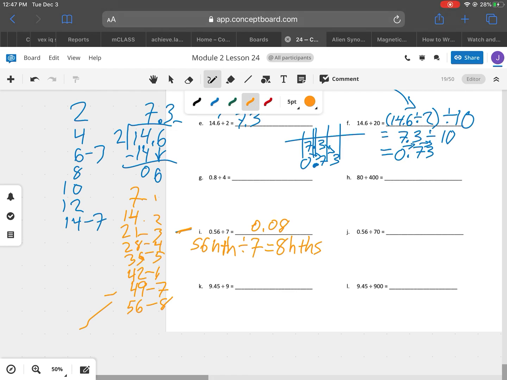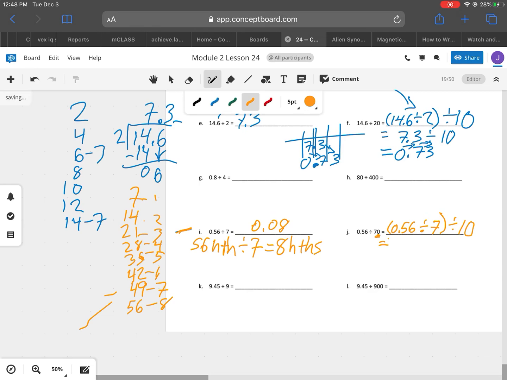Now, the J problem is not exactly the same. It actually has this other part, but if you look carefully, we can take the 70 apart, so we have our original problem, and divide that by 10.